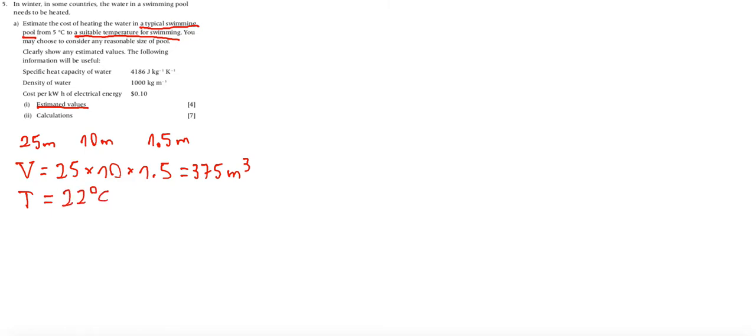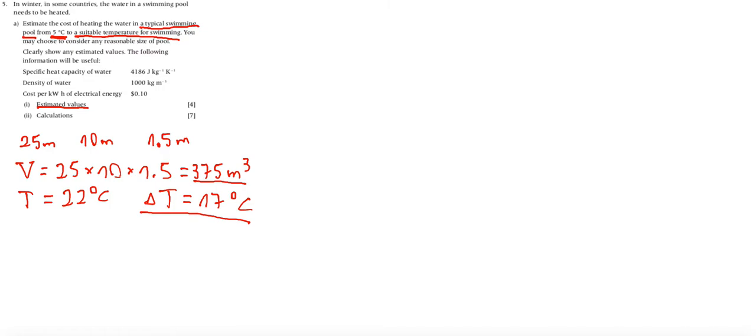So what is the change of temperature? The water must be heated up from 5 degrees Celsius to 22, so by 17 degrees Celsius. This is our next assumption. Of course, another assumption is that the heating system delivers energy directly to the water and no energy is lost.